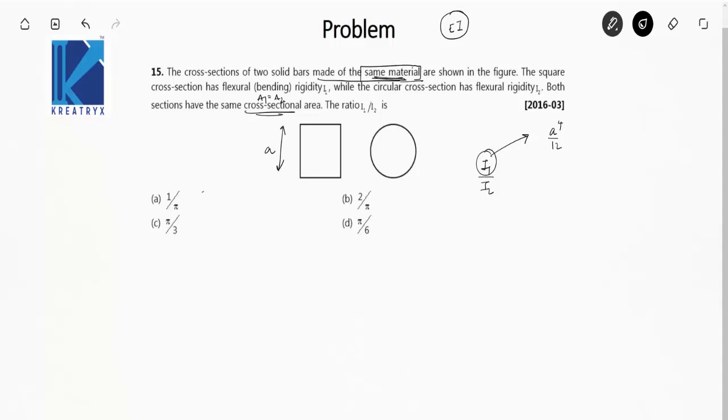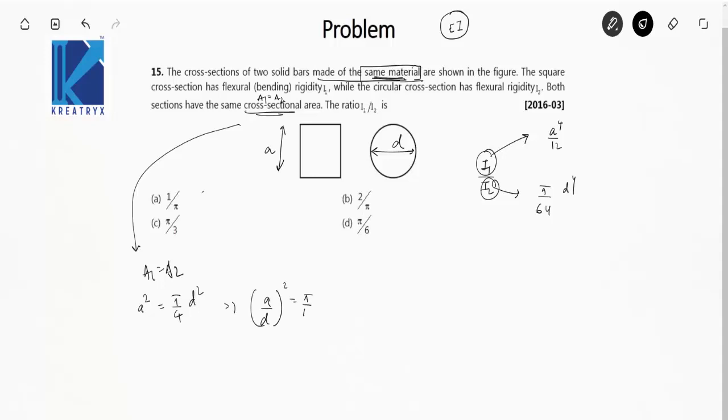The diameter of the circular cross section is d. So I1 is a raised to the power 4 by 12 and I2 is pi by 64 d raised to the power 4. One more condition is given, that is A1 is equal to A2. The area of the square is a square and the area of the circle is pi by 4 d square. I can find the relation between a and d from here. That implies a by d whole square is equal to pi by 4.